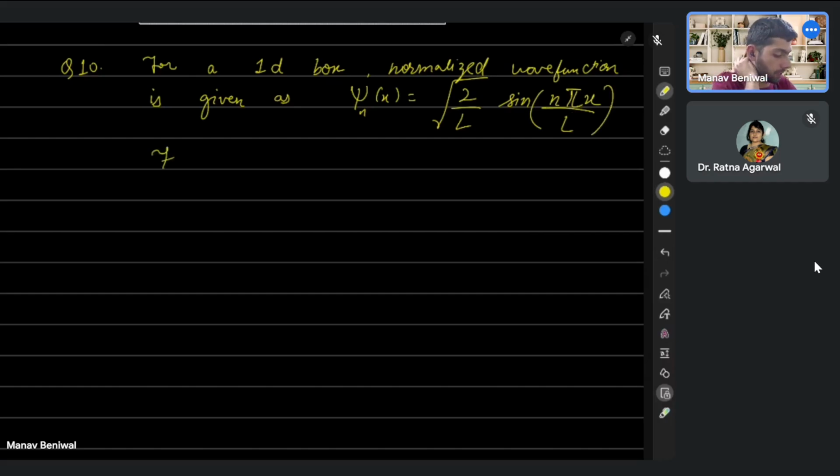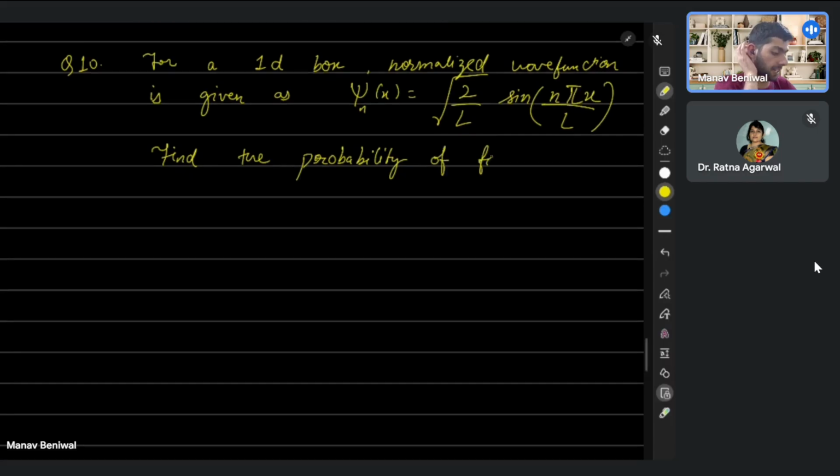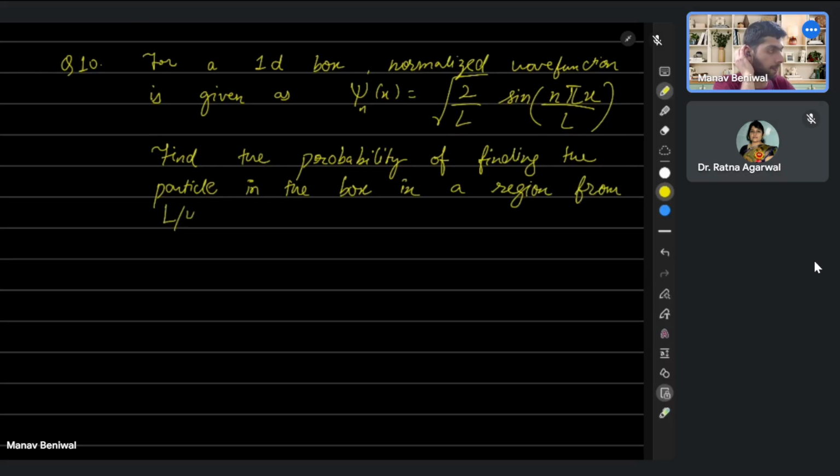Now the question is: find the probability of finding the particle in the box in a region from L by 4 to L by 2 for the first excited state.